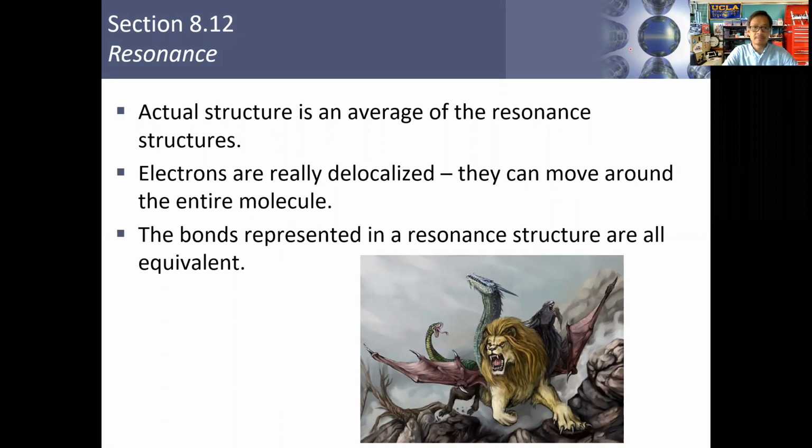So, to represent this delocalization, we draw what's called an equivalent structure, which roughly represents a chimeric structure, a structure made up of the other structures. If you follow mythology, a chimera is a mythical monster made up of several creatures.